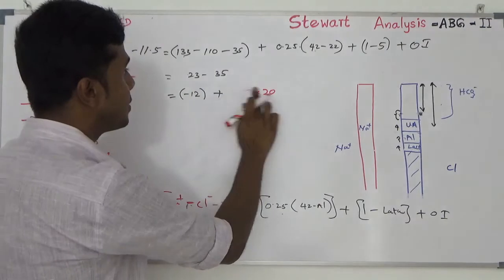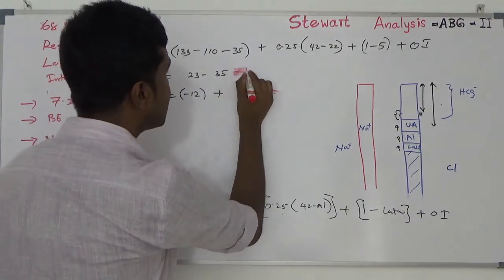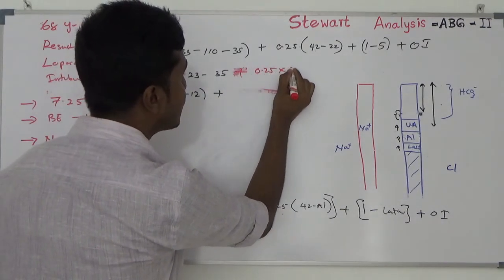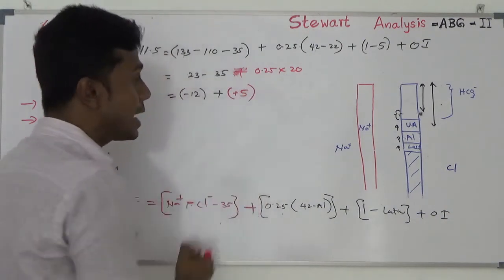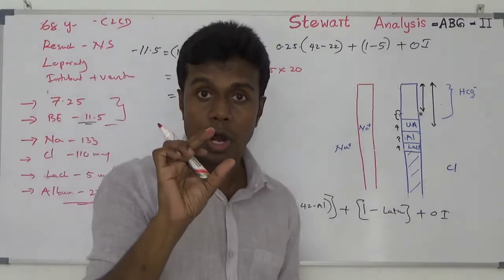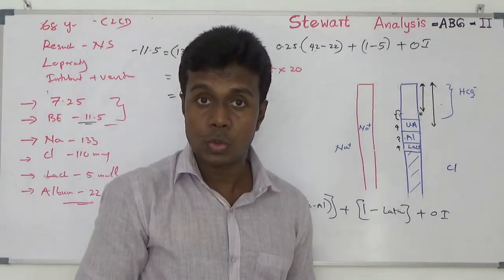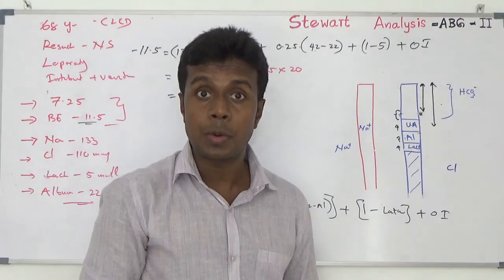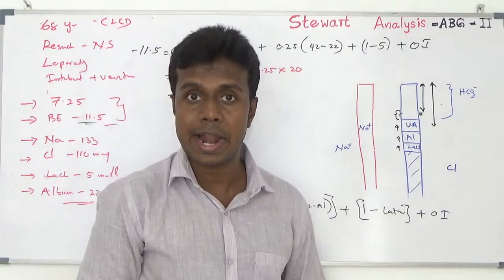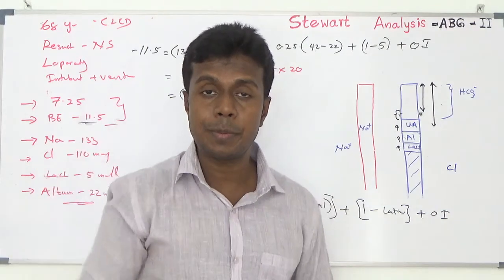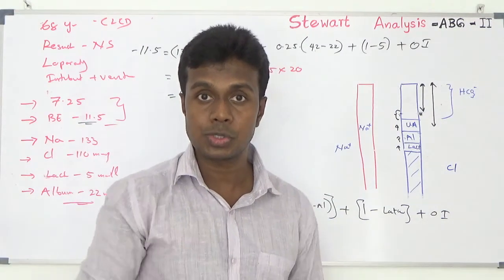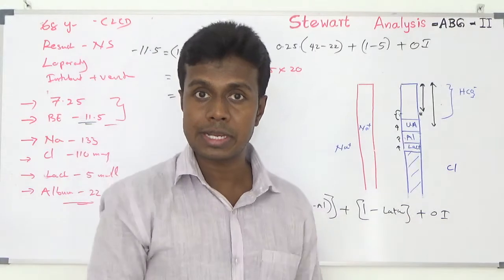That means plus 0.25 into 20, that means plus 5 is there. Due to hypoalbuminemia, plus 5 base excess is added. Due to strong ion difference, minus 12 base excess added. You see that both are in different directions.